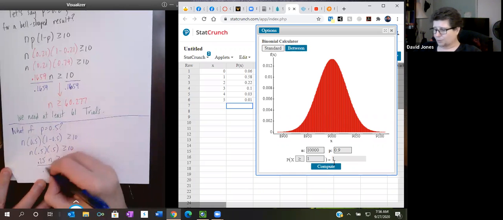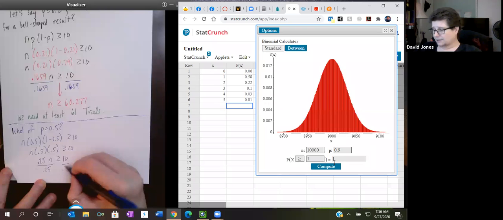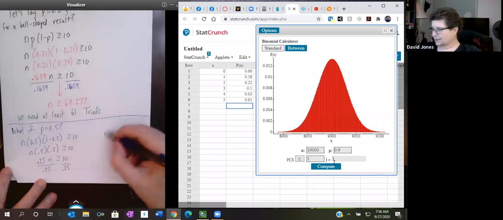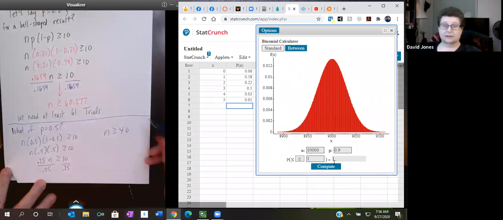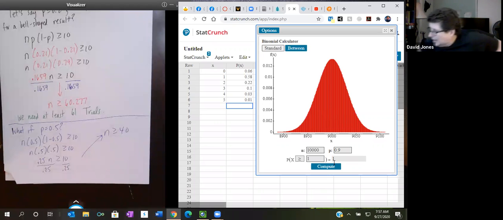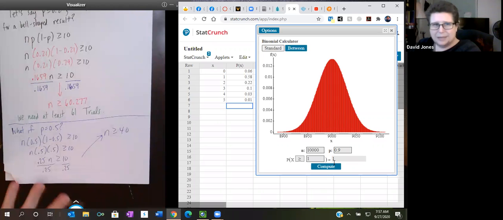If we divide by 0.25, we get n is greater than or equal to 40. So we'll pick n to be 40 or larger. So you kind of want n to be bigger than 40. Some would argue 30, but 30 isn't the best option.